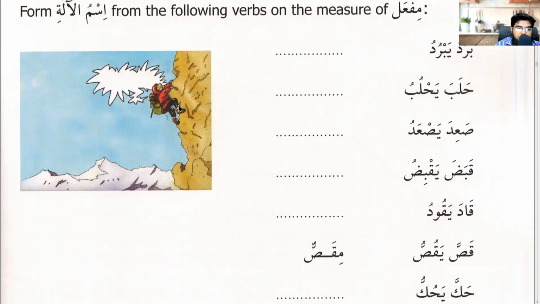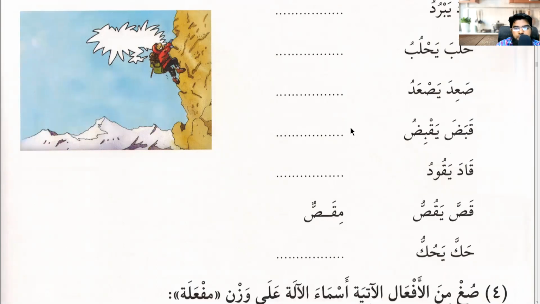So you see a man climbing here. Mihlab is a mixer also? I don't know. Maybe. Allah alam. Mihlab is a vessel. Then sa'ida yas'adu, mis'ad, elevator, lift.